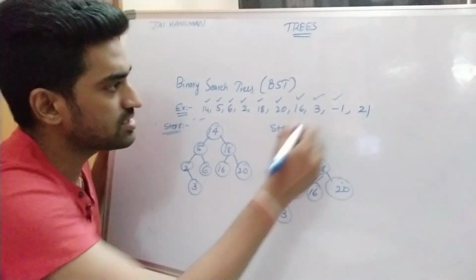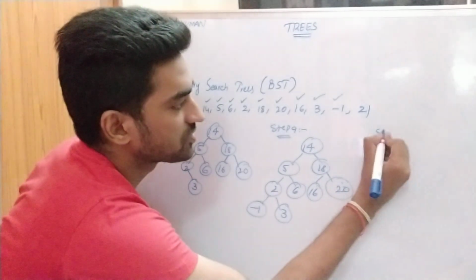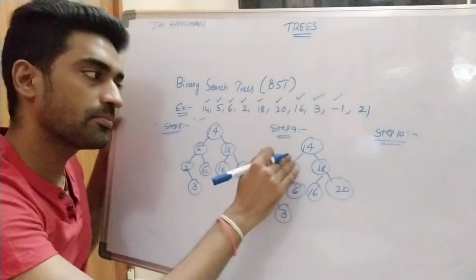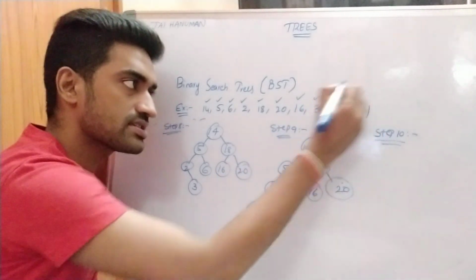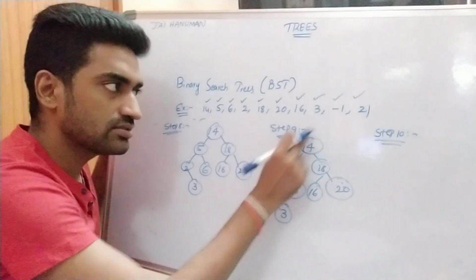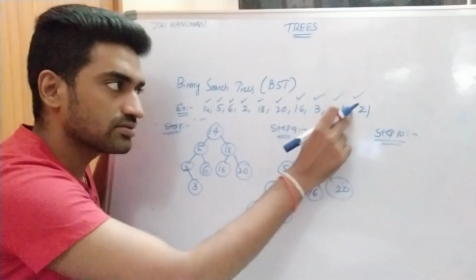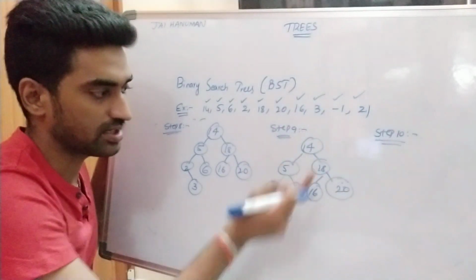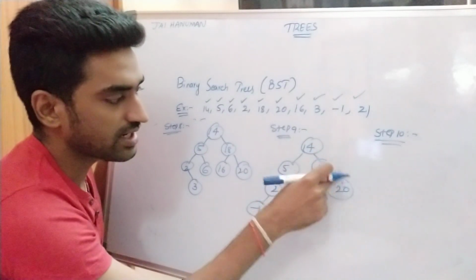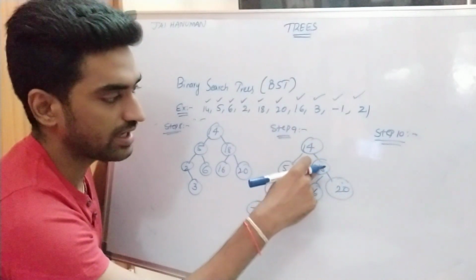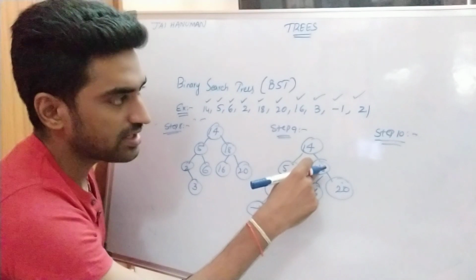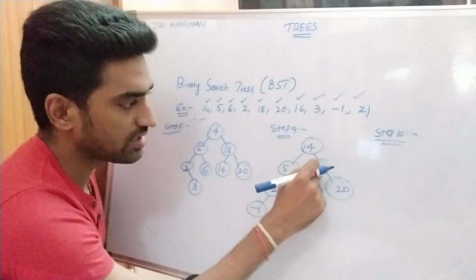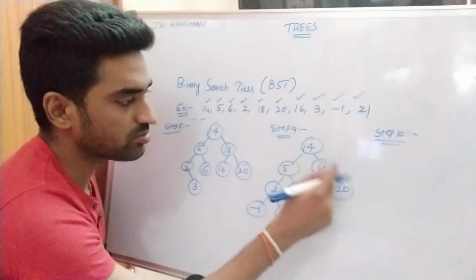Right? So what is the next inserted element? 21. First of all, we are comparing the root node to the inserted node. 14 is less than the inserted element, so we place it at the right subtree. What is the root node for the right subtree? 18. When compared to 18, 21 is greater, right? So we place it at the rightmost position.